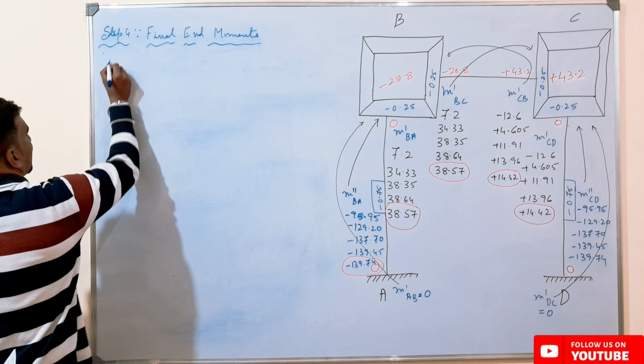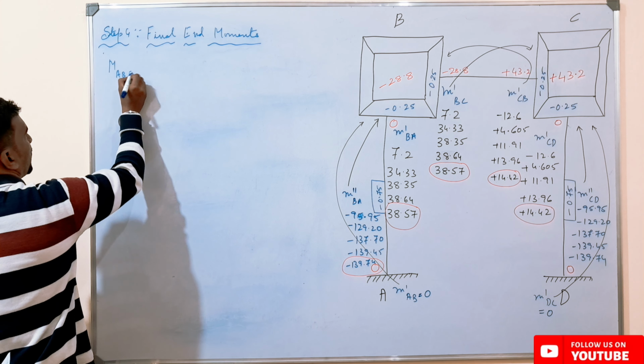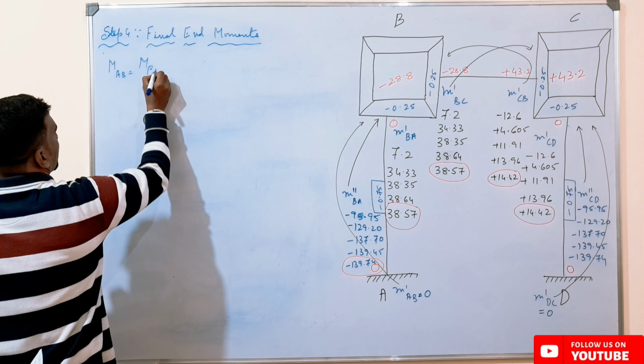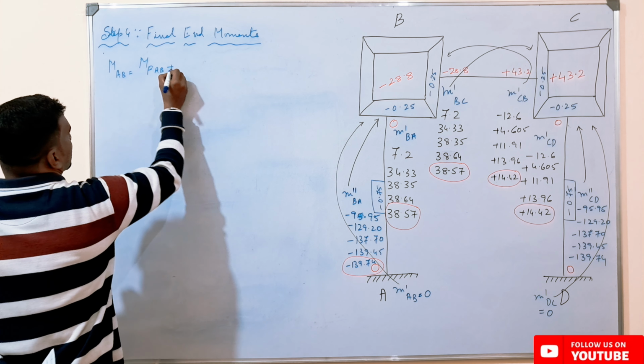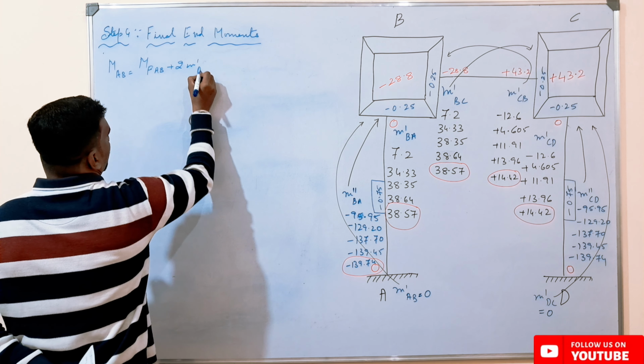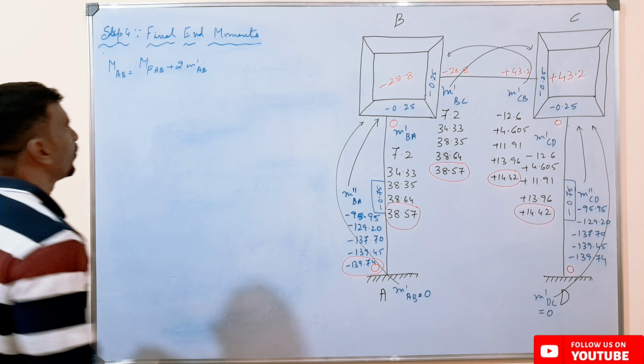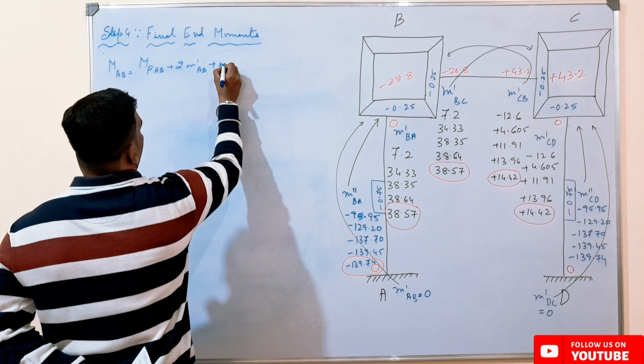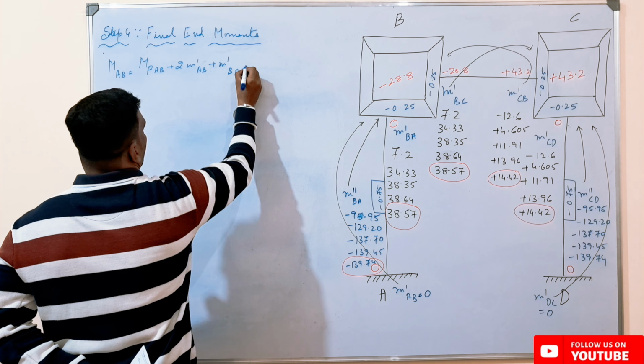So to calculate the final end moment from A to B, we know the formula: fixed end moment from A to B plus 2 times the rotation contribution about the near end and 1 time the rotation contribution about the far end.